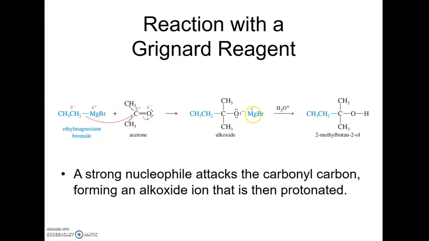So as soon as you have water or you acidify your solution, you're going to get an alcohol. And this is something that we learned when we were learning how to synthesize different types of alcohols. We treated Grignard reagent with aldehydes and ketones, and we made a secondary or tertiary alcohol.